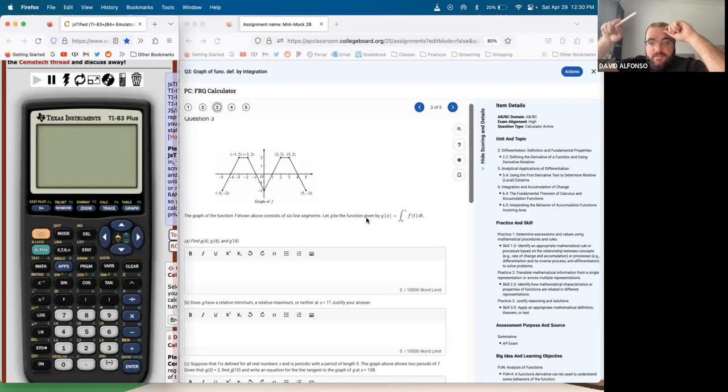Pay attention. Remember, they're not asking if F has a relative extremum. They're asking if G has a relative maximum, minimum, or neither. Be careful, pay attention to which function they're asking you to analyze. Function F does not have a relative extrema. They're asking, does G have it at x equal 1?